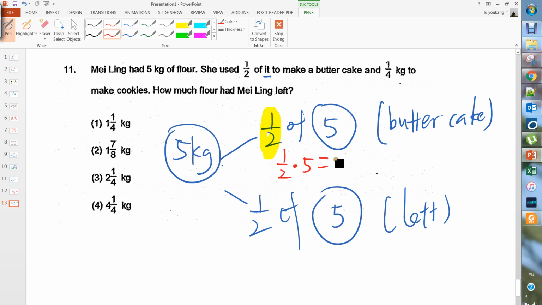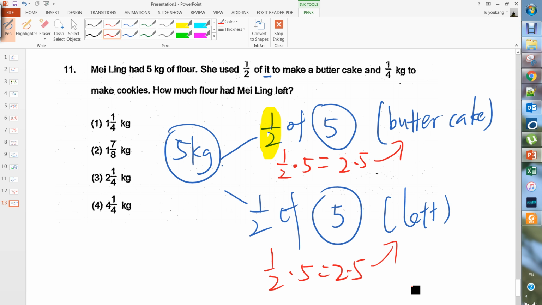Give me a decimal number. Very good. So 2.5 kg is used for butter cake. So half times 5 is 2.5 again. So 2.5 left. So basically 2.5 for butter, 2.5 left, right?